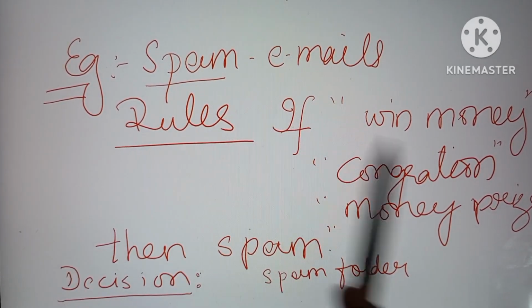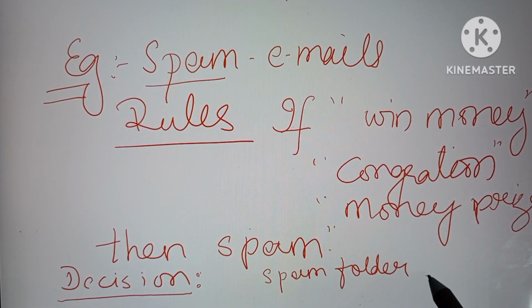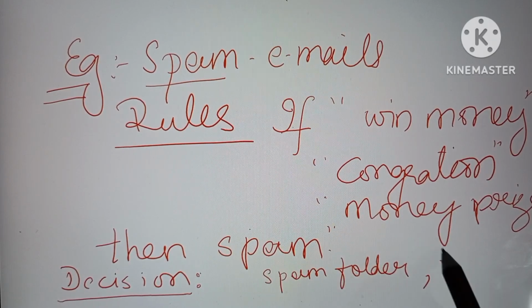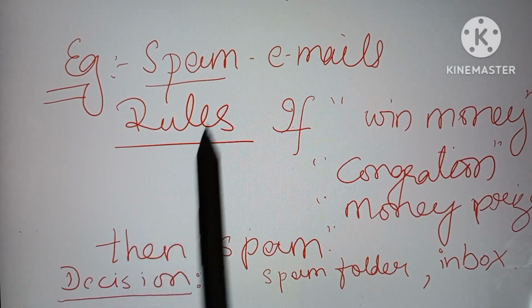If there are no such terms present in the email, and it is not from an unknown sender, then the email goes to our inbox. So this is how our AI system filters spam emails.